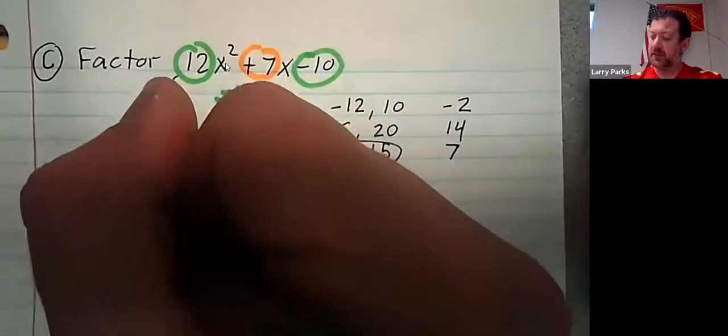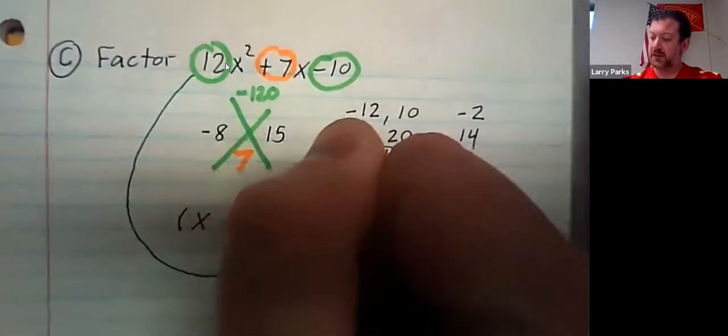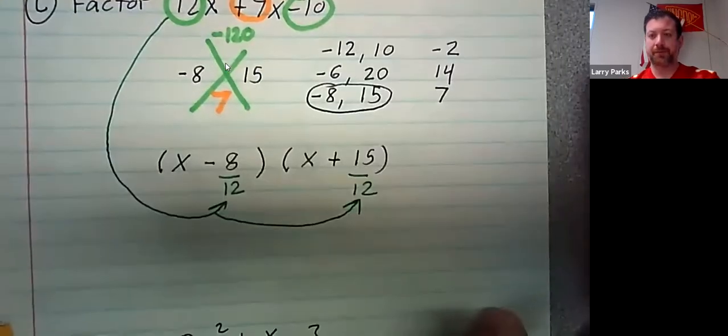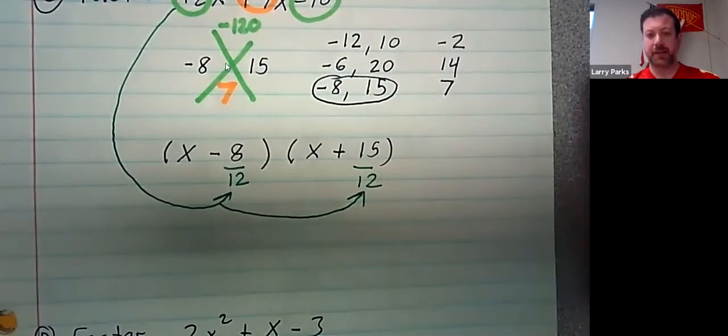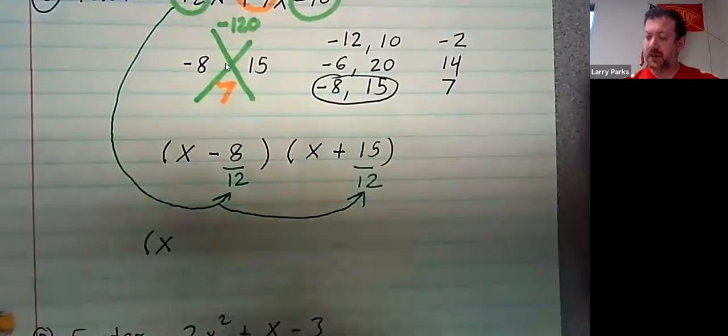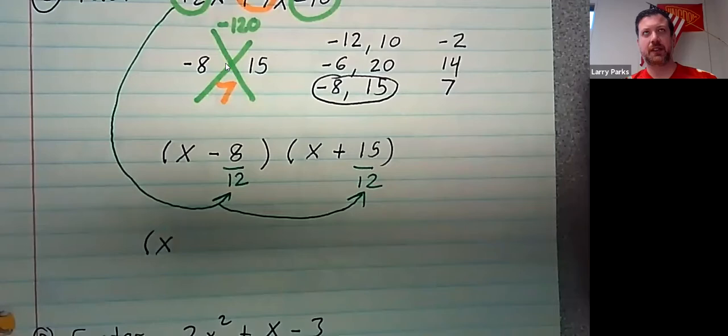Now where did that come from? That came from this. From there, I need to reduce. 8 divided by 12, 4 goes into 8, 4 goes into 12.